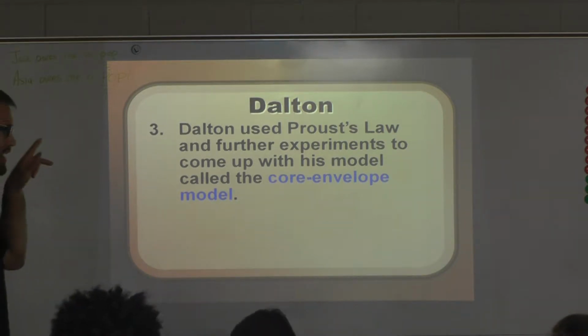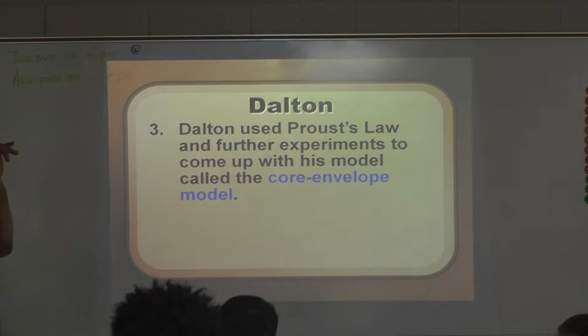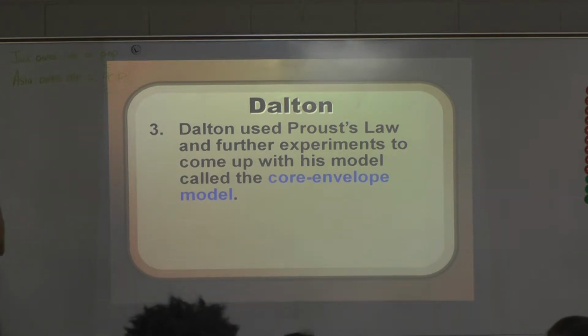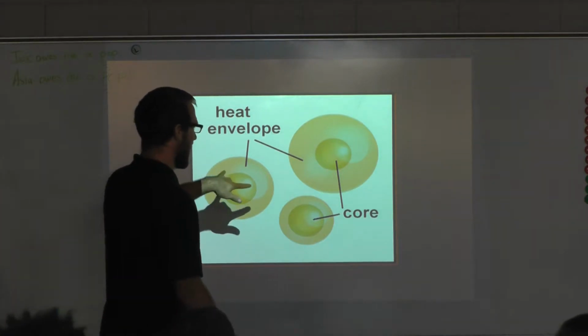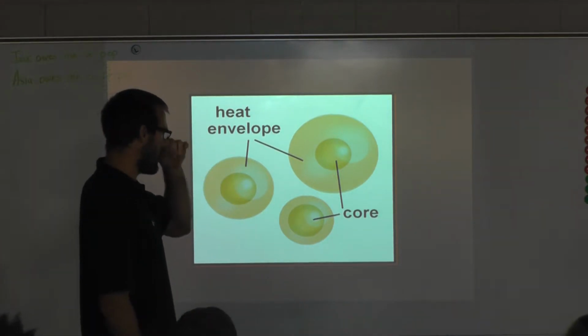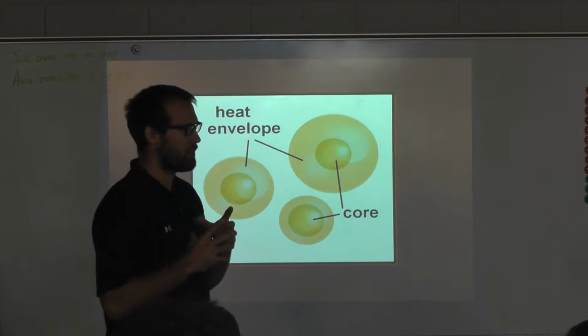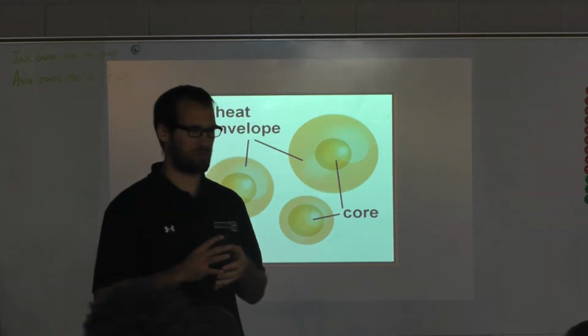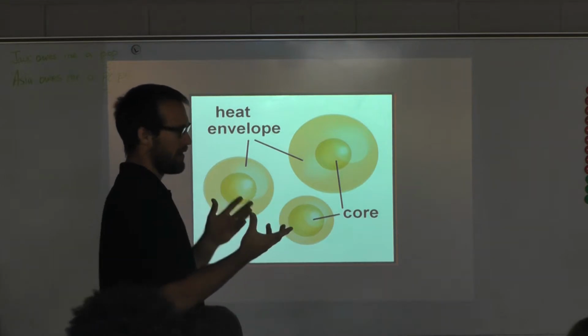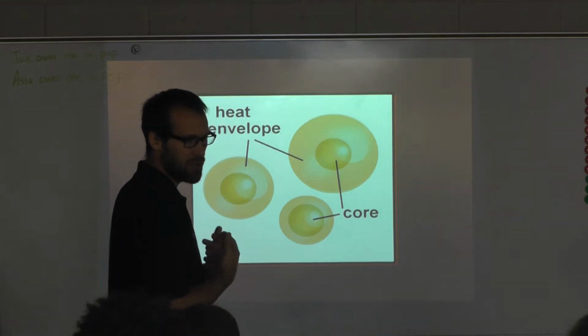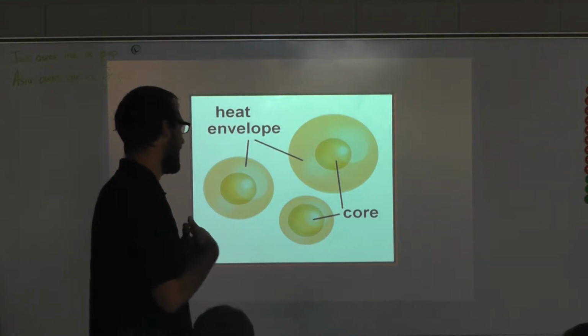And since his model and the work that he did was so much involved around figuring out the masses of things, you're going to see his model has a lot to do with this. He believed that each atom was the same size, but the difference in mass was the result of these heat bubbles around them, if you will. He called them heat envelopes.